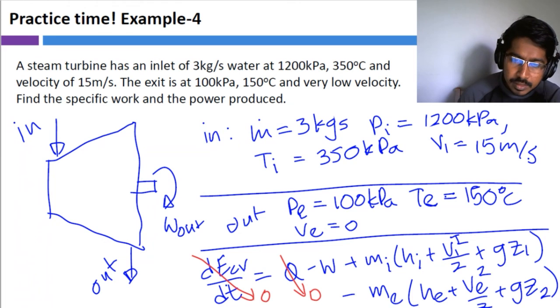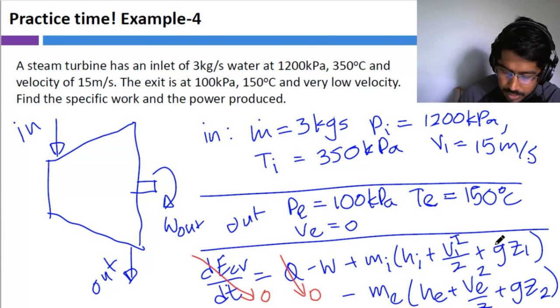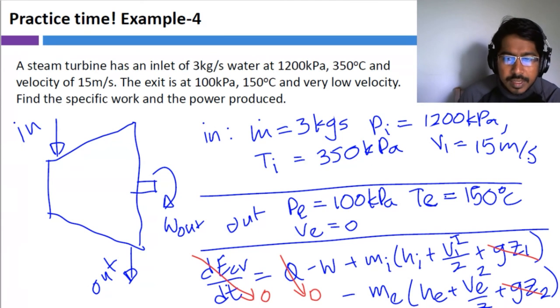And the enthalpy of the inlet fluid cannot be said to be 0 because that is the one that carries the energy from our heat source, right? So we cannot say that is 0. V1 was given. Usually in turbines we neglect V1, but in this question V1 was given, therefore we will not neglect it. The potential energy difference can be neglected, therefore we'll cancel out gz1 and gz2.